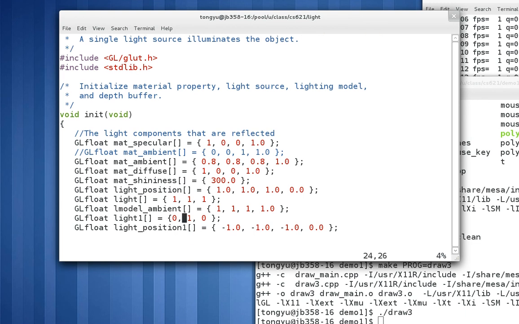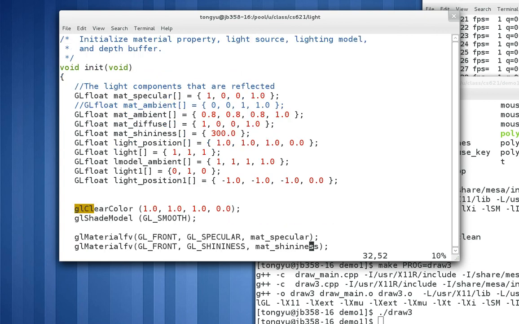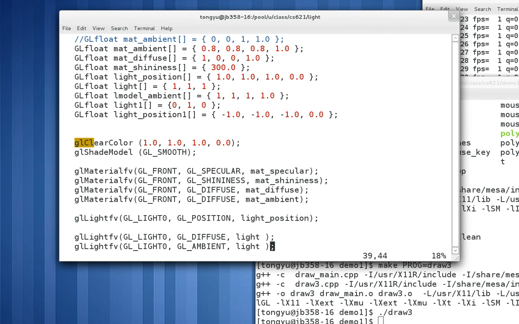And we have another light source which is green only, has only a green component. And it is at this position, -1, -1, -1, again directional, and lower left hand corner. So we define these two lights.